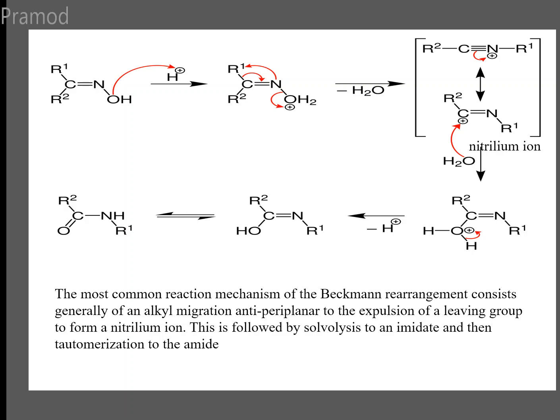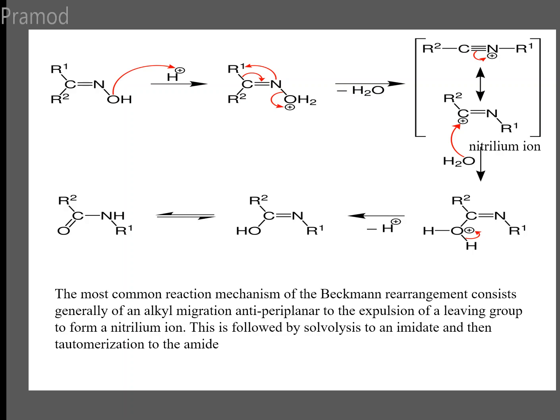If you see in this particular reaction, the most important thing is how the migration takes place. Now you have studied the stereochemistry and the naming. When OH and the group are anti to each other, trans to each other, the group that is migrating is trans to your OH. When the water is lost, the group trans to OH migrates.